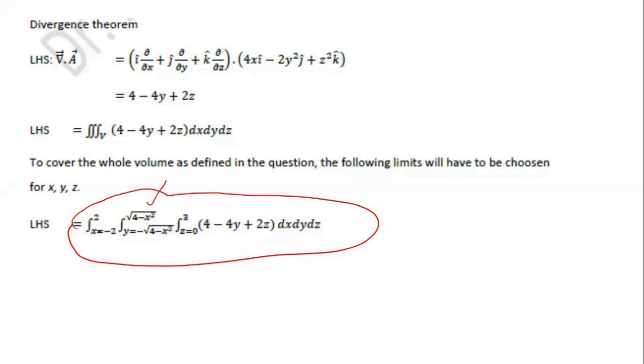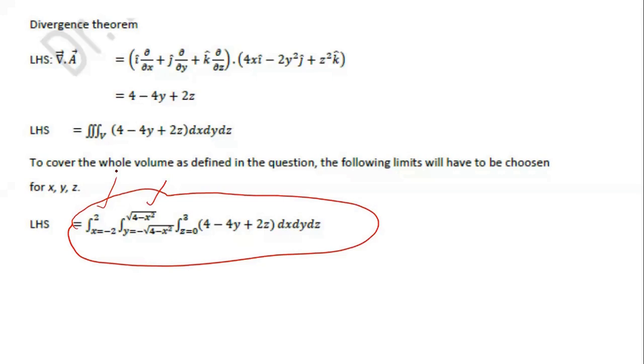However, we integrate x from minus 2 to plus 2. The question was, why are we not taking the limit of y from minus 2 to plus 2?